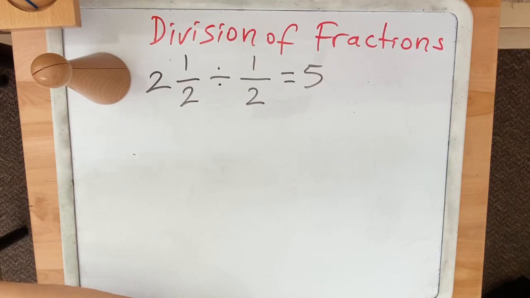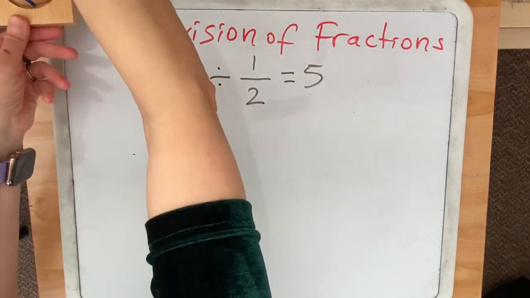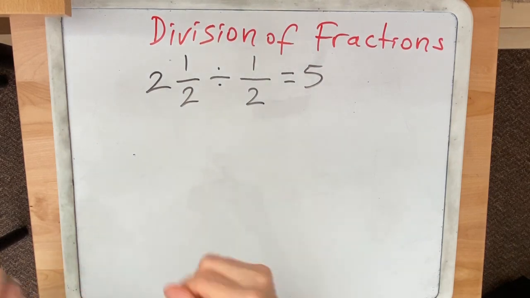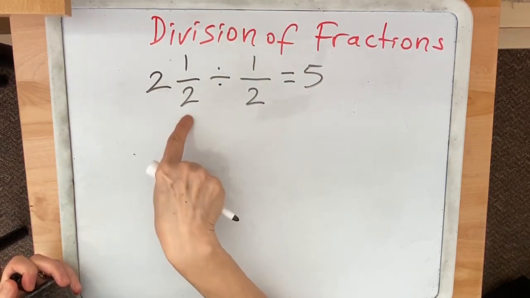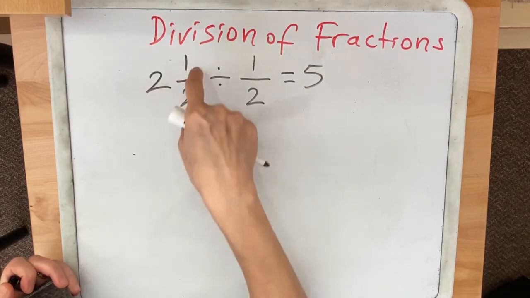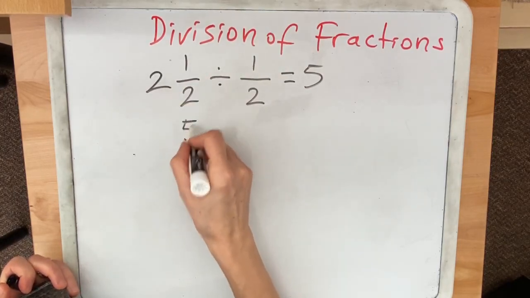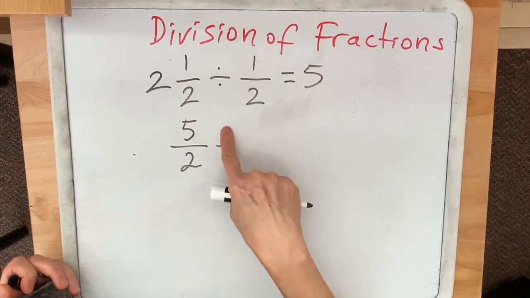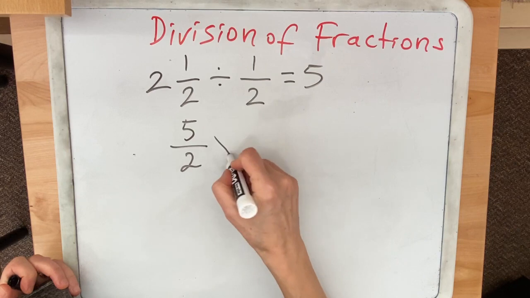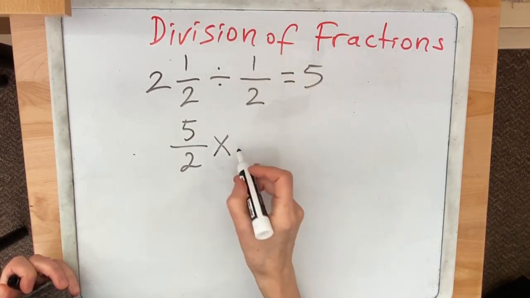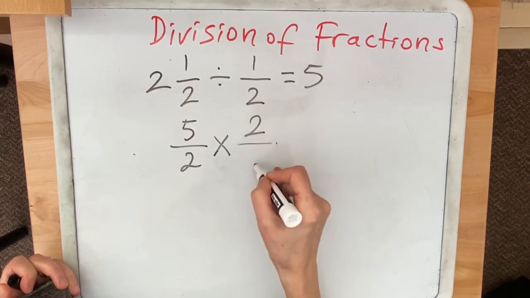Let's solve this problem in another way on the board. So I am going to convert this into an improper fraction. 2 times 2 is 4, plus 1 is 5. And I'm going to change the division sign into a multiplication sign and flip over the second fraction.